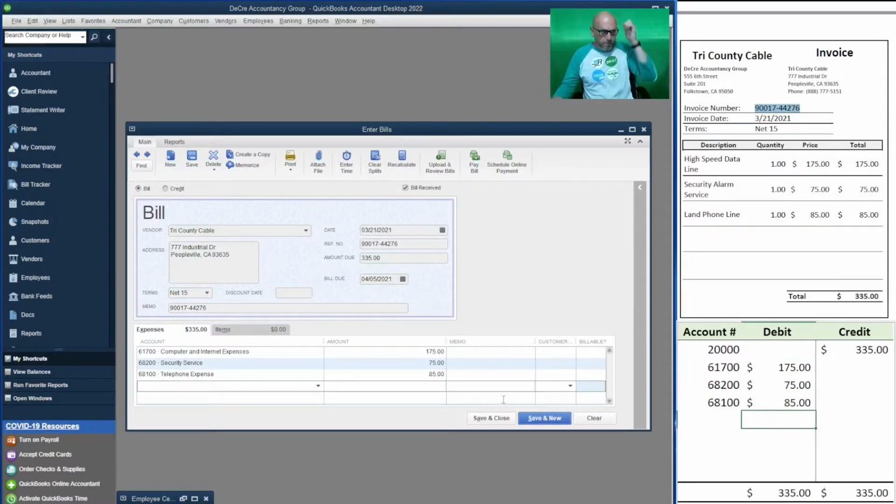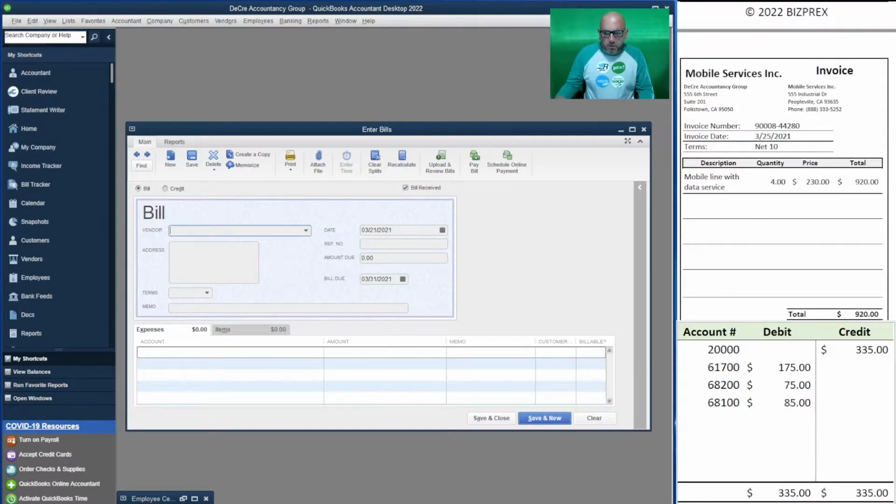Debits and credits are in balance. Each one of these is a debit to the corresponding account. 85 is a debit to 68,100. 75 is a debit to 68,200. 175 is a debit to 61,700. 335 is a credit to 20,000.